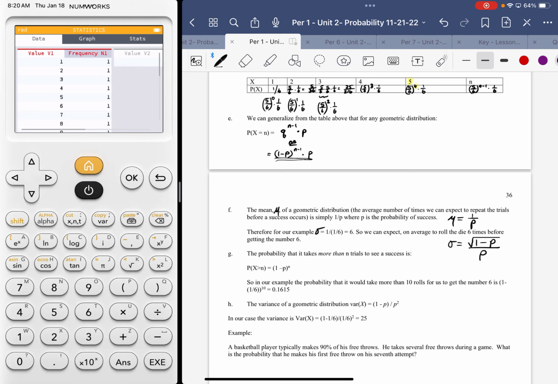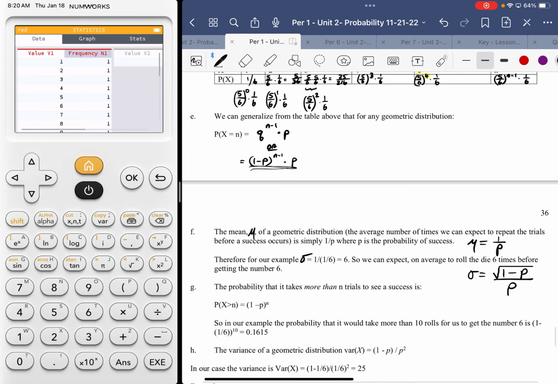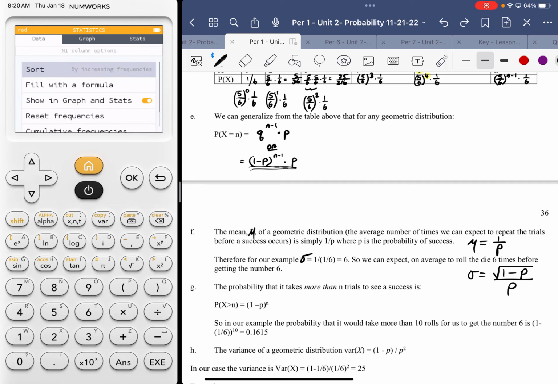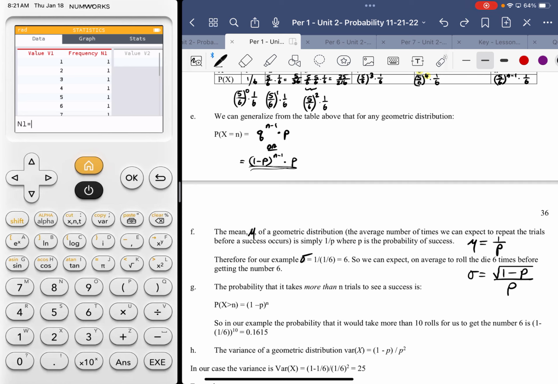I can also get the probabilities associated with that by plugging in my formula for the probability distribution. All right, so I hit OK, fill with a formula, empty. Have a look. Every now and then you'll come across a formula that you didn't know was in there, and I can make use of it, but probability ones haven't really made their way in there.